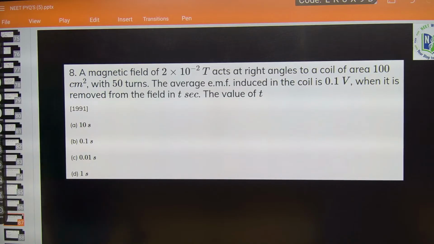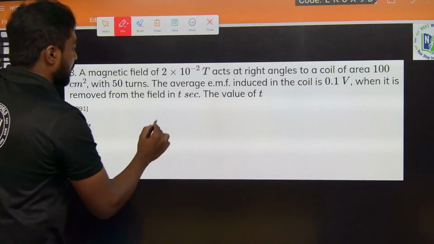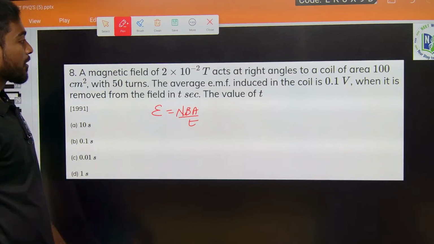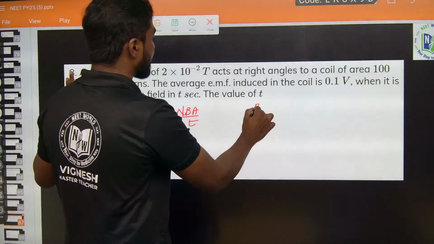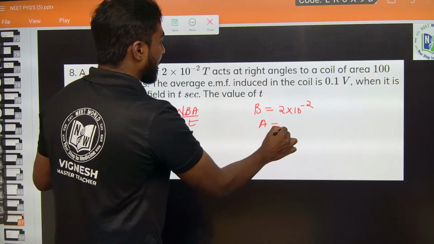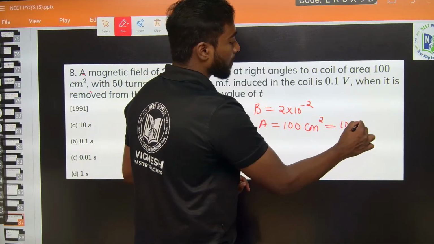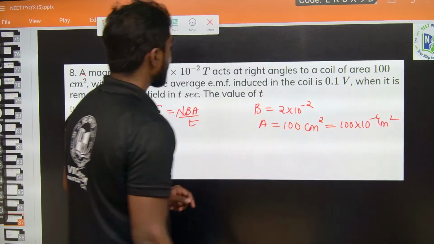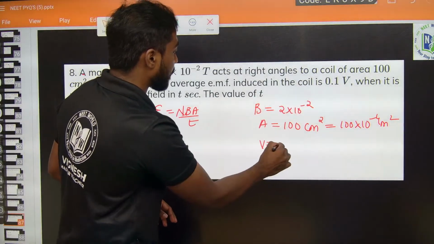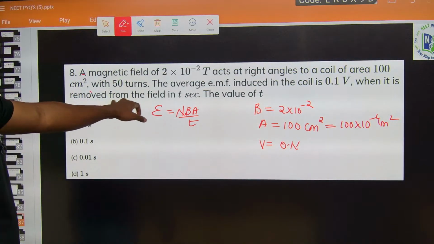E is equal to NBA by T, the formula. So what are the given terms? Magnetic field is given, B is equal to 2 into 10 power minus 2, and area is given, that is 100 centimeter square, which is equal to 100 into 10 power minus 4 meter square, and E is 0.1 volt when it is removed from the field in t seconds.